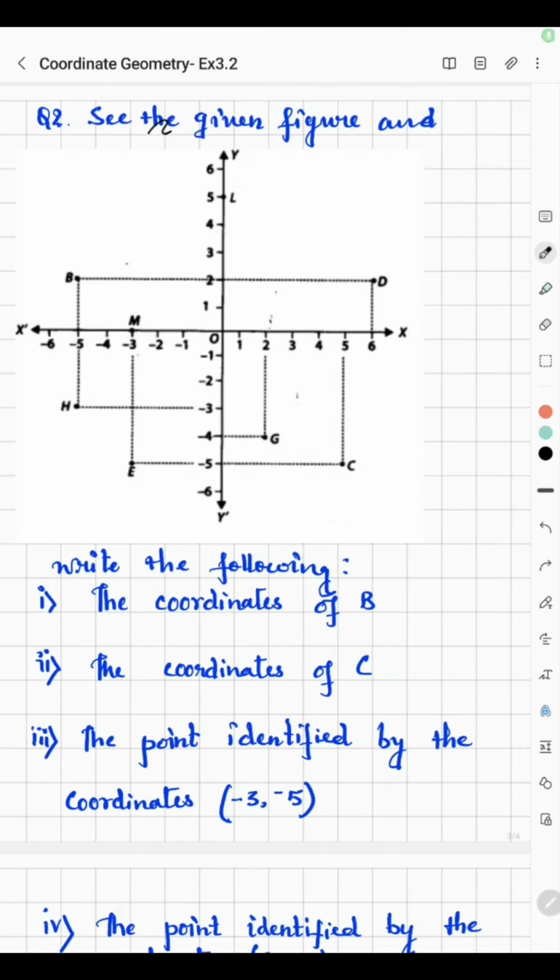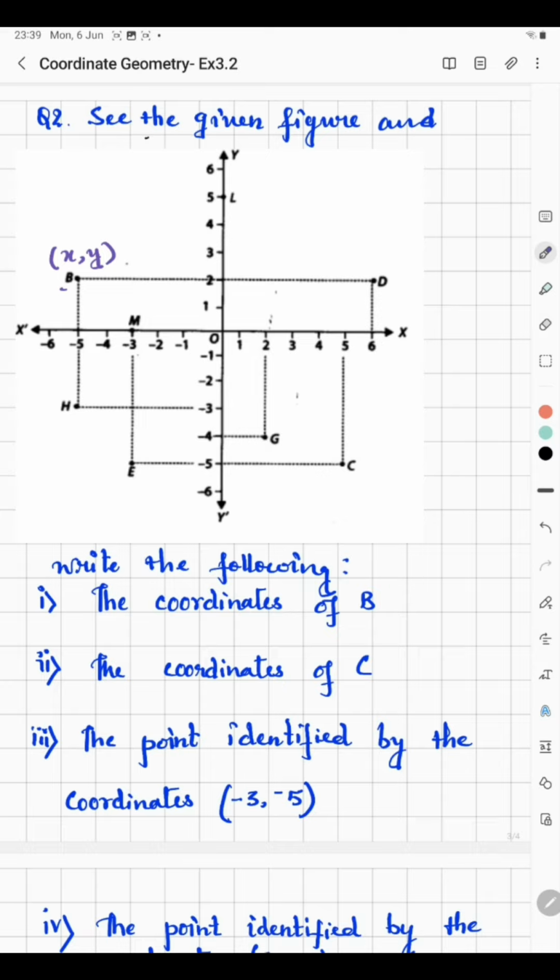Question number 2 says, see the given figure and write the following. In the first part we have the coordinates of point B. Now where is point B? Here is point B. Now we will have to write the coordinates. As you know, at first we will write the value of x and then the value of y.